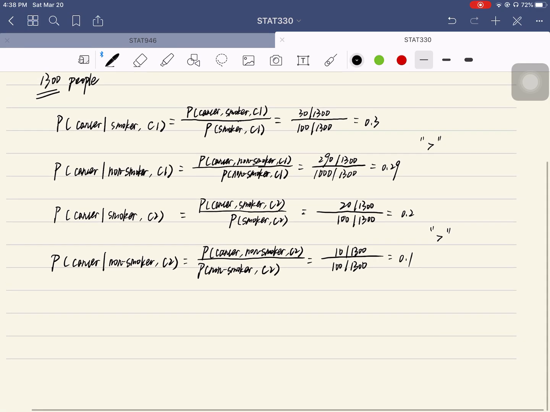So finally, let's look at combining the two countries' data. What do we have? The probability of cancer given smoker.